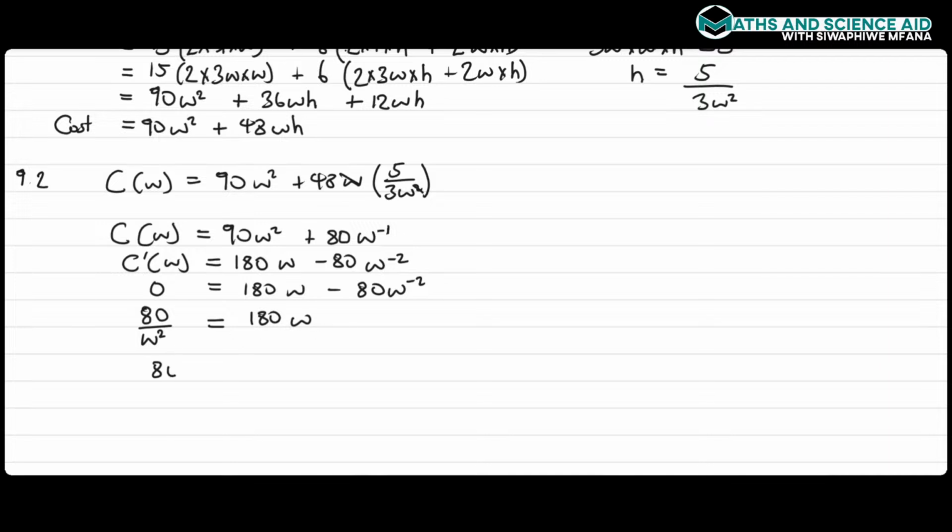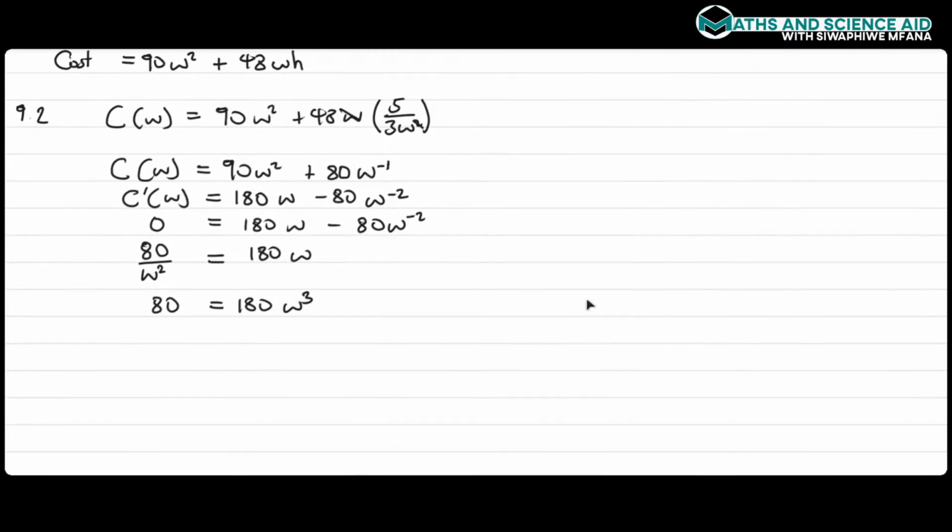So we'll have 80 equals 180W cubed. Now I'm just going to flip the sides of my equation around, and as I do that, I'm also going to divide by 180 on both sides, because what is 80 divided by 180? Let's see if that can simplify. Yeah, that can be simplified to 4 over 9. So it will be 4 over 9.